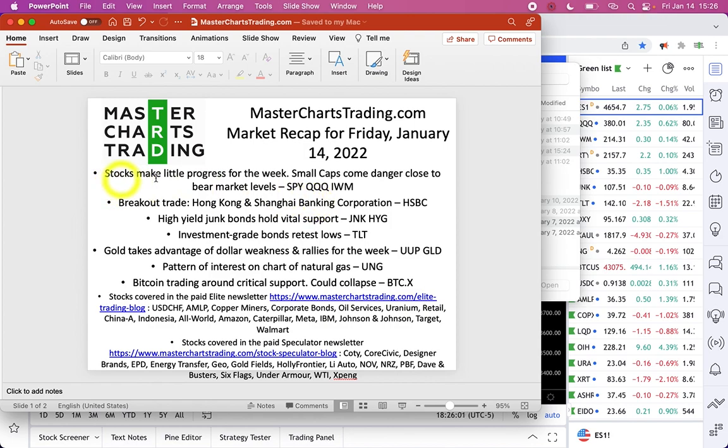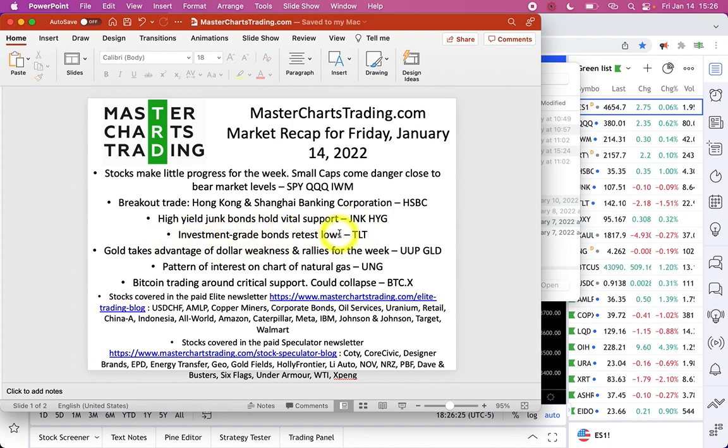Today we'll look at stocks. Small caps are danger close to bear market levels. We'll give an example of a trade called Hong Kong Shanghai Banking Corporation, also known as HSBC. High-yield bonds are approaching vital support again, and they seem to have held it, so we'll look at that.